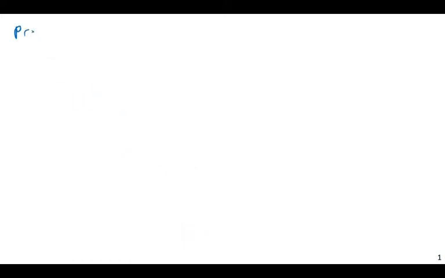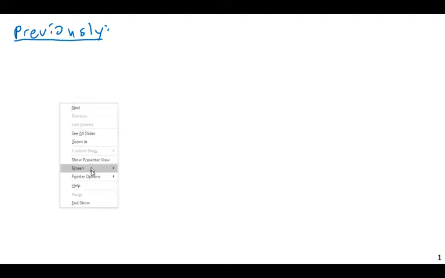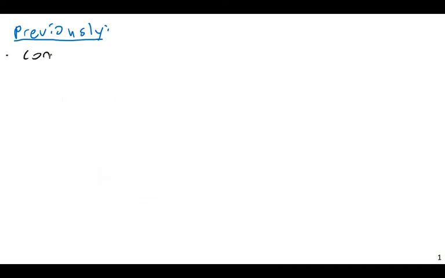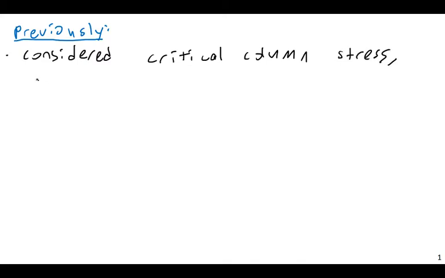So previously, we looked at critical column lengths, or critical column stresses, elastic and inelastic buckling.